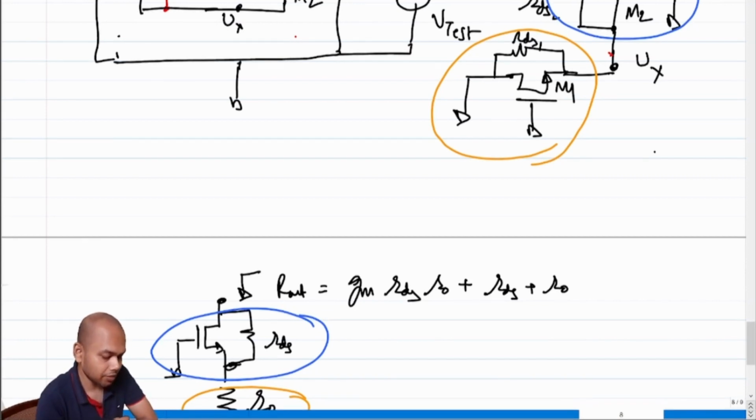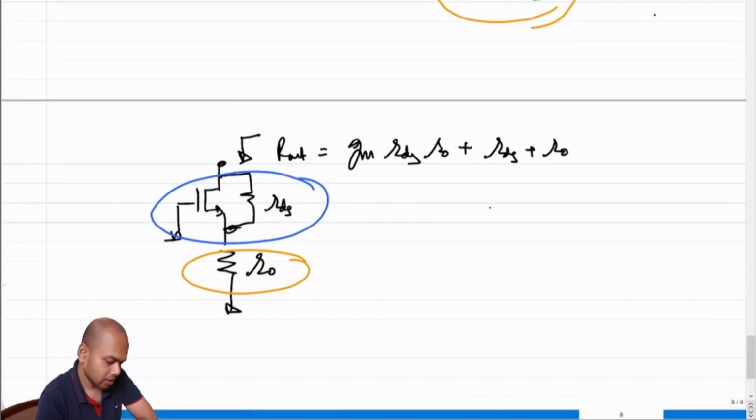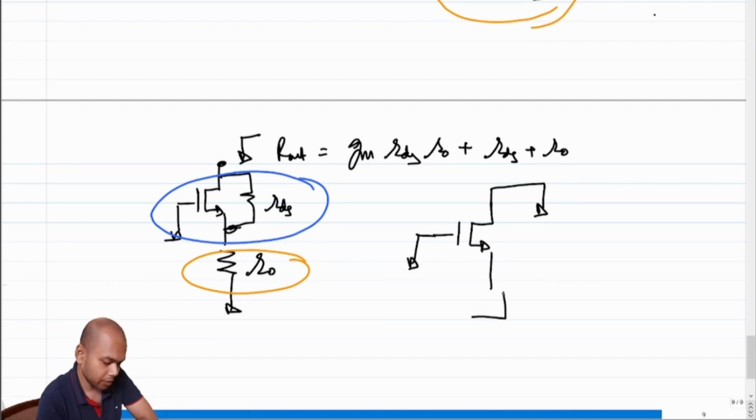So the next question that we are asking is, what is the impedance looking into this terminal of M1? Have we done that before? Yes, we have. This is grounded, this is grounded. What is the looking-in impedance here?